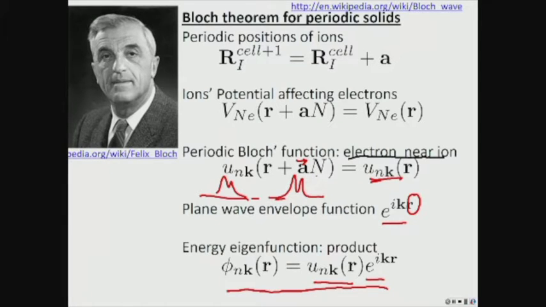And here is this expression. The wave function in these periodic systems will be a product of the contribution from the vicinity of an ion times an envelope function that depends on going from one periodic cell to another one.